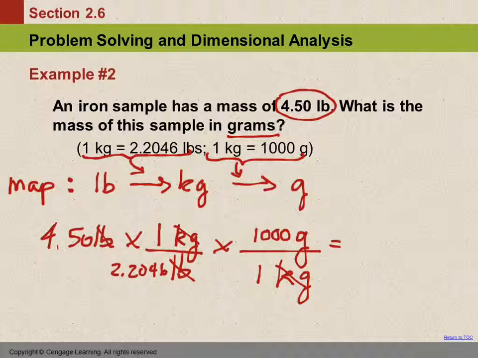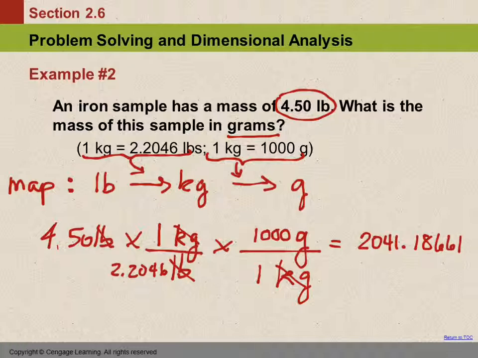So on our calculators, we're going to have 4.50 times 1 divided by 2.2046 times 1,000 divided by 1 equals, and then I'm going to write down what my calculator shows me, 2041.18661.